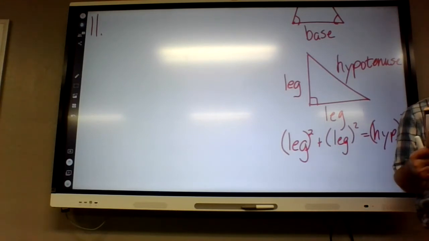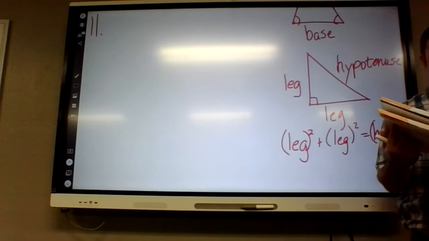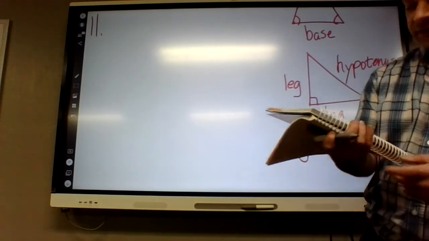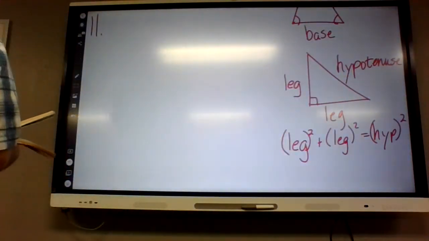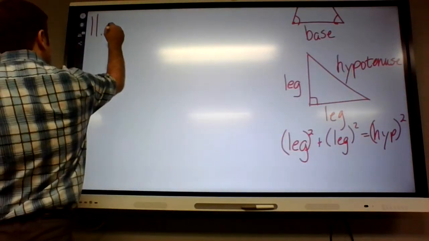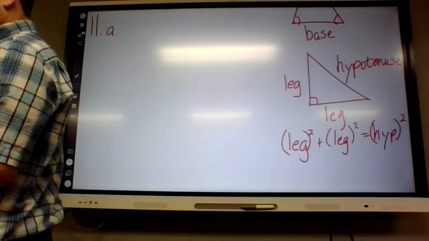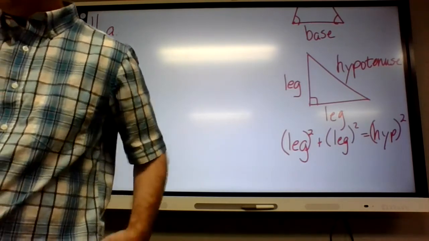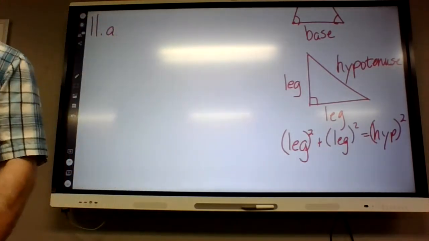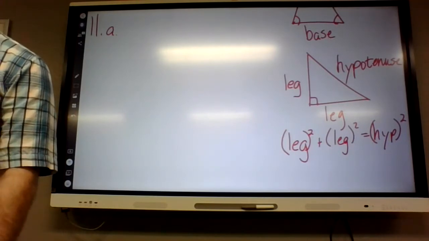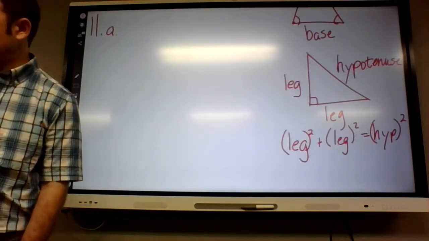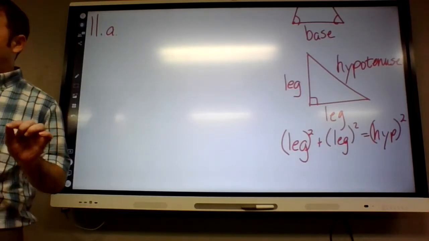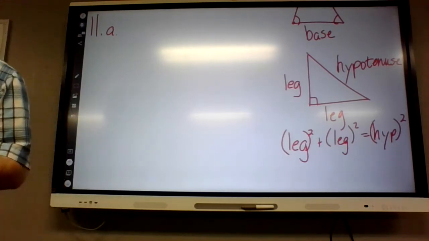Find the measurement of angle A. Isaac, how could we find angle A on number 11? Is it all equal to 180? Yes. So 65 plus 65 plus angle A equals 180.